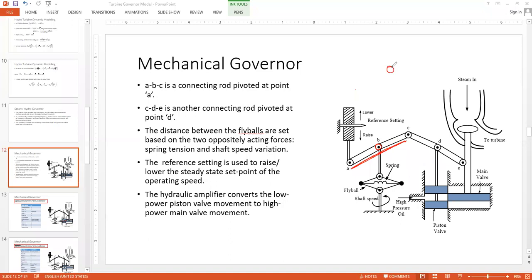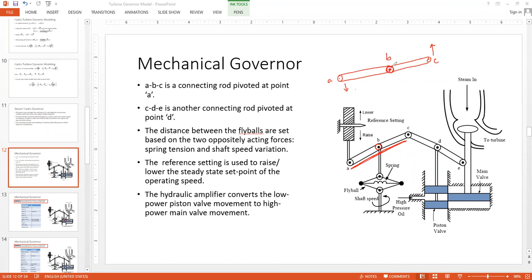It means if point B is fixed, then if point A goes down, this is point A, then point C should go up.